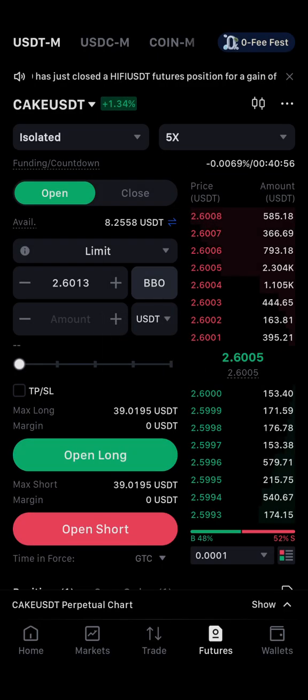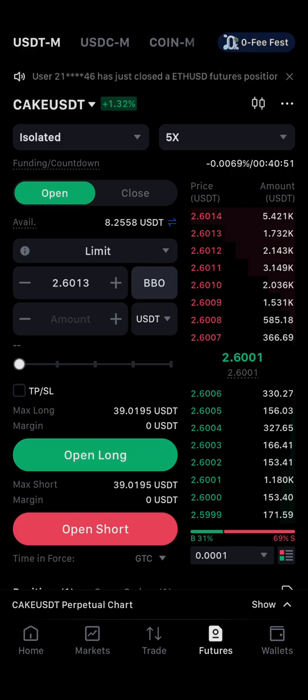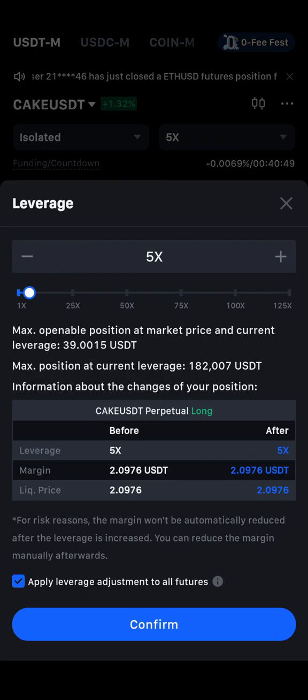Good. Now, having done that, this is also the place where you change the leverage level that you want to make use of. For example, let's assume you have 10 USD and you take a trade with $1.